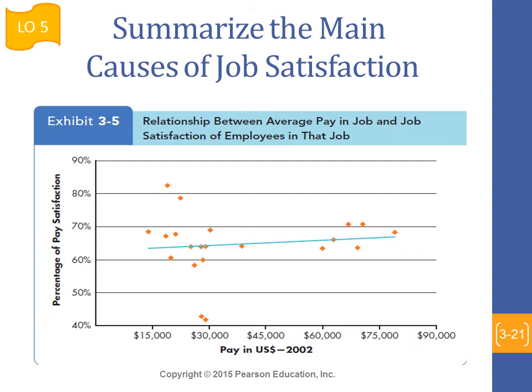The moment we cross the $40,000 mark, it really does not matter how much a person is making. Their satisfaction level can be either higher or lower. So the amount of money a person makes is kind of indifferent to making him or her satisfied about the job.